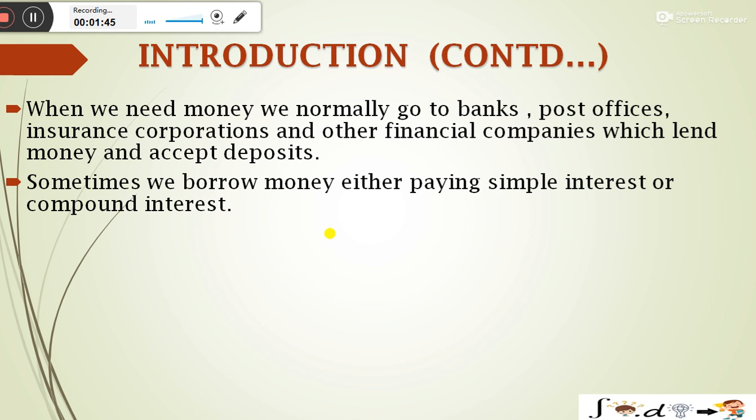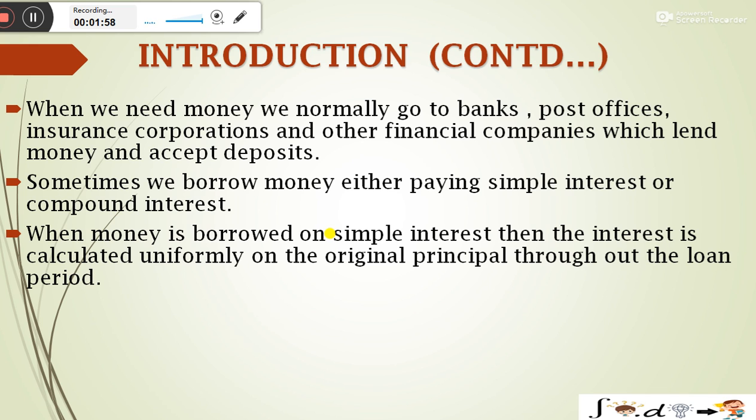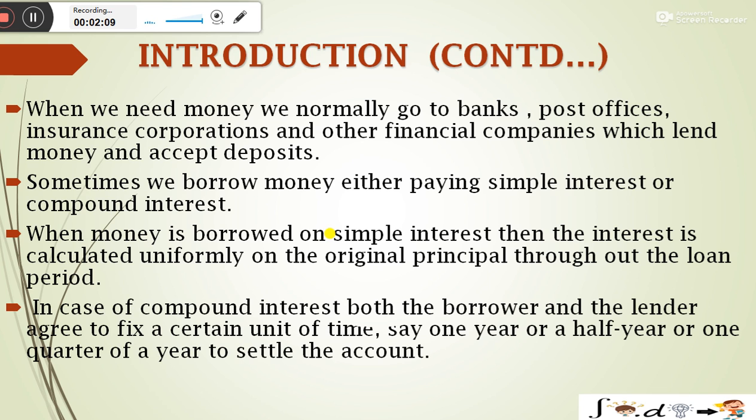When we need money, we normally go to a bank, post office, insurance corporation and other financial companies which lend money and accept deposits. Sometimes we borrow money, either paying simple interest or compound interest. When the money is borrowed on simple interest, the interest is calculated uniformly on the original principal throughout the loan period.